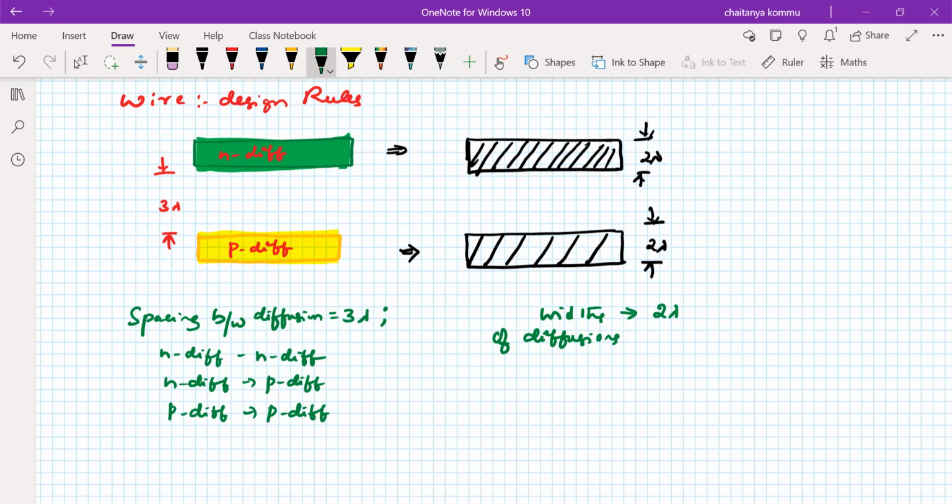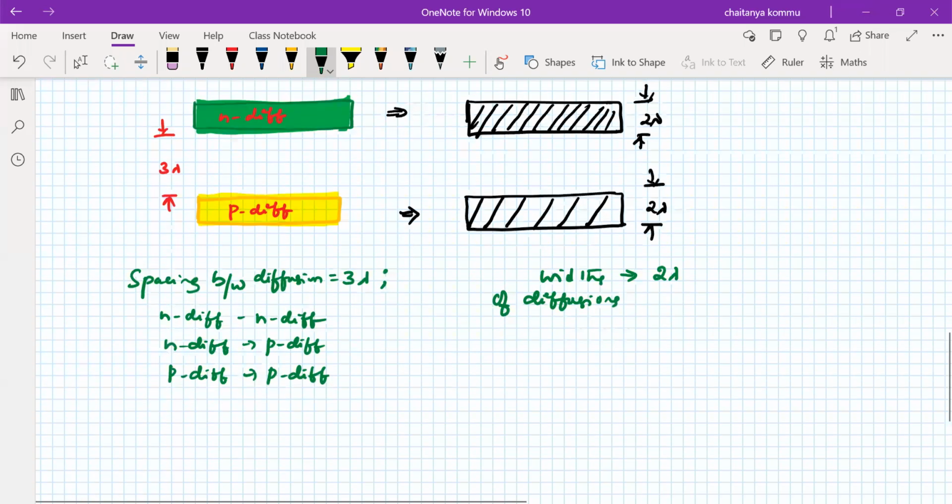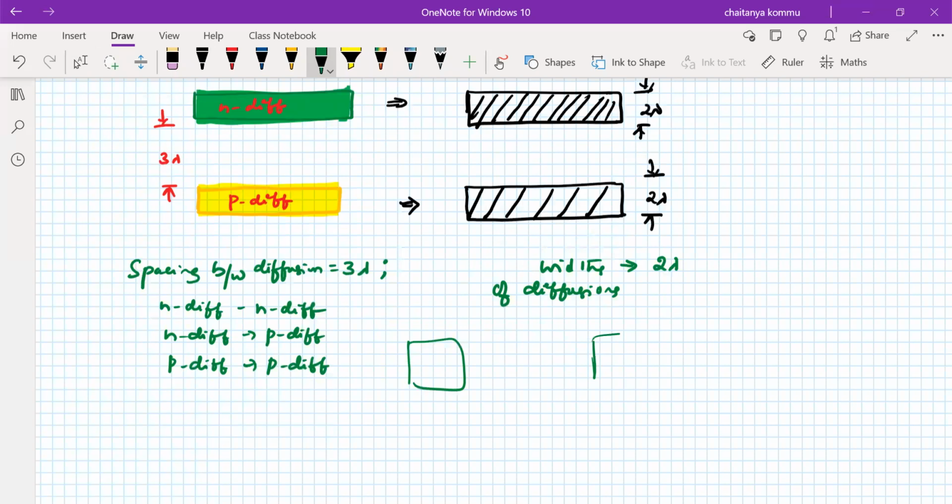Whenever we want to use a diffusion line for connecting from one device to another, for example, you have one device here, another device here, and you want to connect them through the diffusion line. Another diffusion line is going something like this. Then you have to maintain the design rules for these two things. We have to maintain that way.